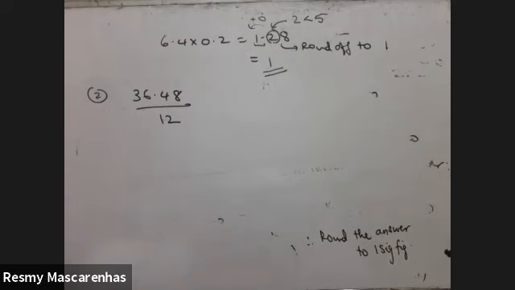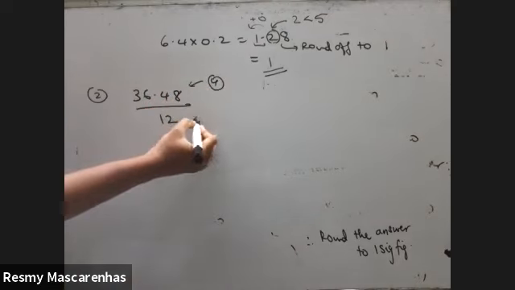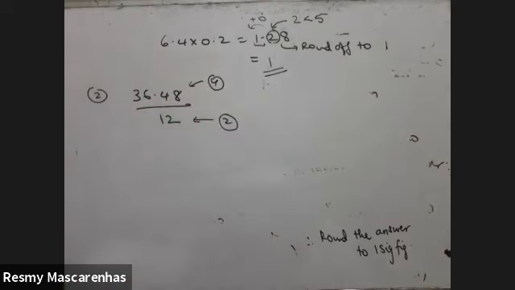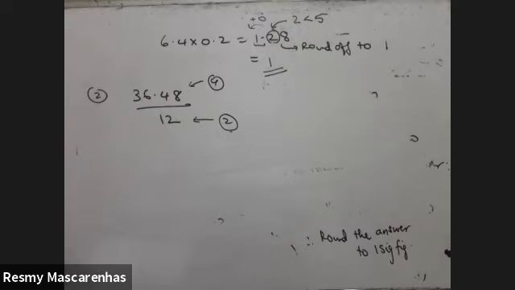Now I want to divide this number. So here you automatically know that this has 4 significant numbers and this has 2 significant numbers. So the least is what? 2. So the answer I have to round off to 2 significant numbers.